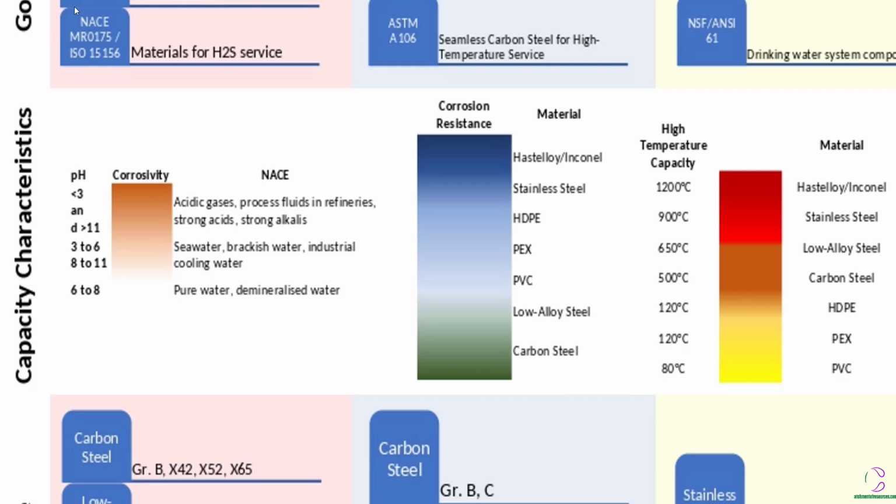So in terms of high temperature capacity, certain materials can be used. For example, Hastelloy and Inconel have the highest temperature. It could be higher than this, but this is just a minimum threshold in the range of those materials. And the plastic materials have lower high temperature capacity.